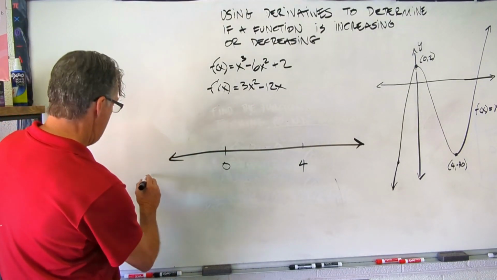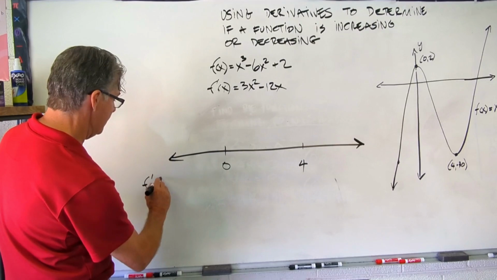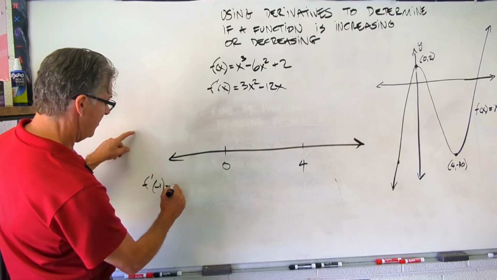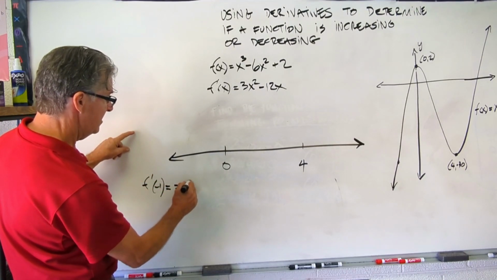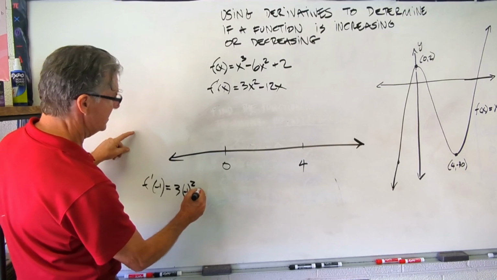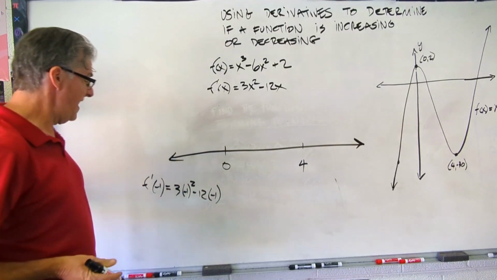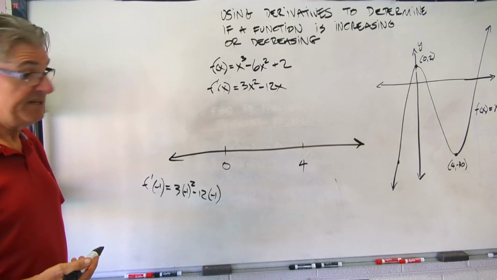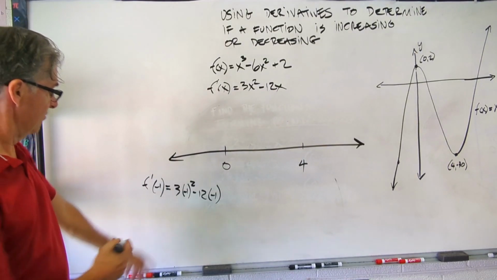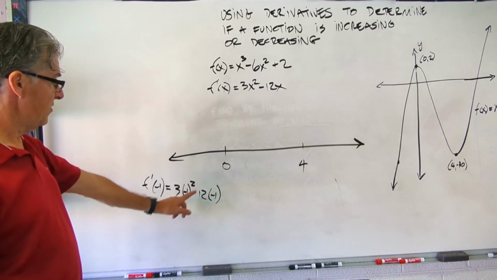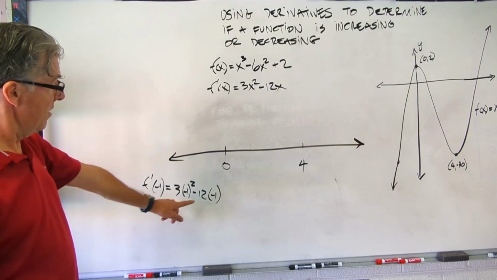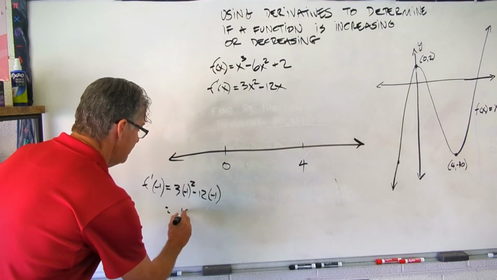So this would be f prime of -1 is going to be 3 times (-1) squared minus 12 times -1, like that. I can already see that that's going to be positive. We're going to get (-1) squared is 1 times 3 is 3 plus 12, it's going to be 15.